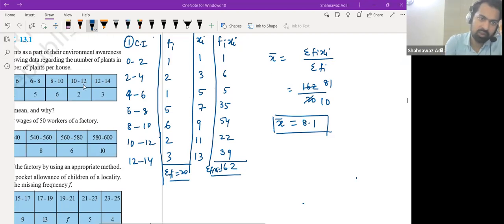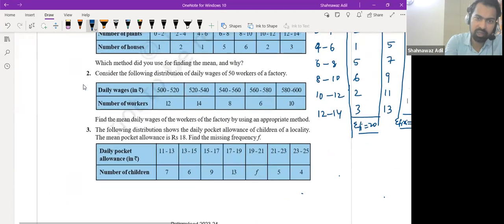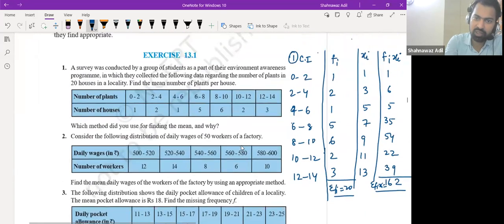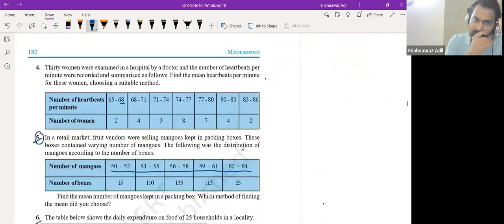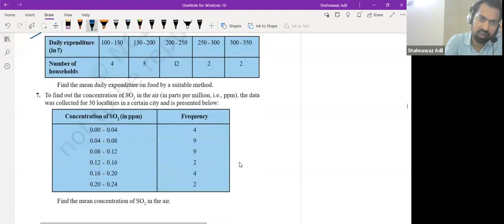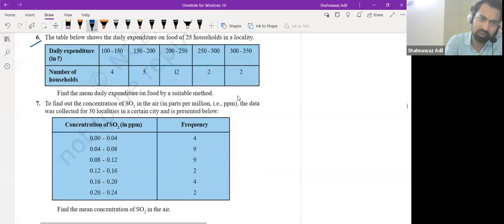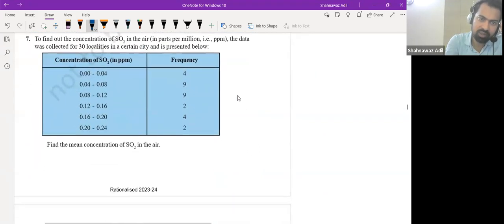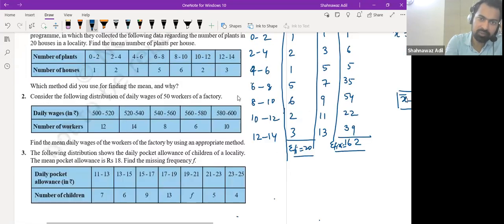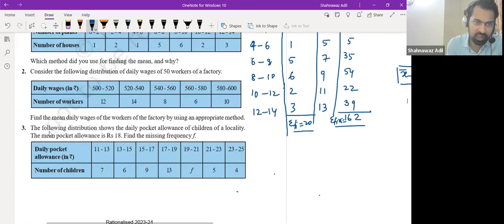So now, the second question is the same as the first one. We'll do only a few questions more, and then we'll move on, because all the rest of the questions are similar. Only this question is different. So I will talk about this question tomorrow, right?